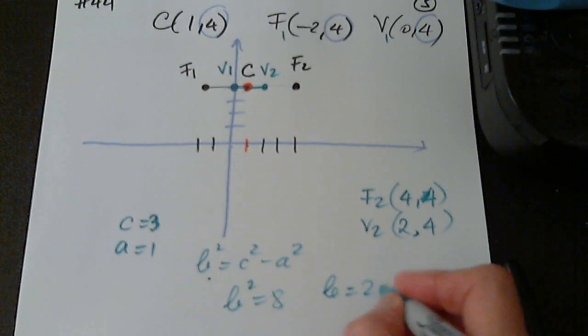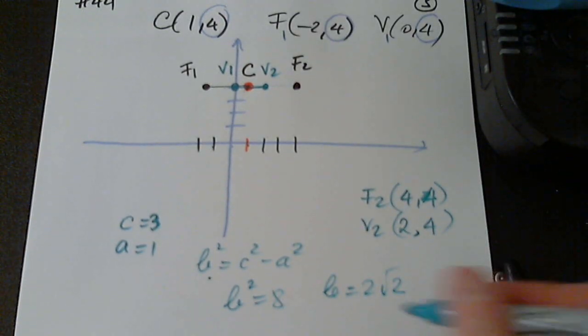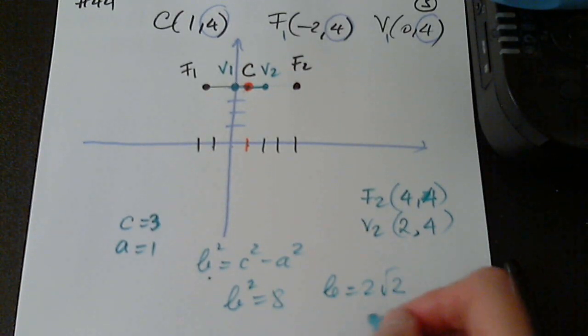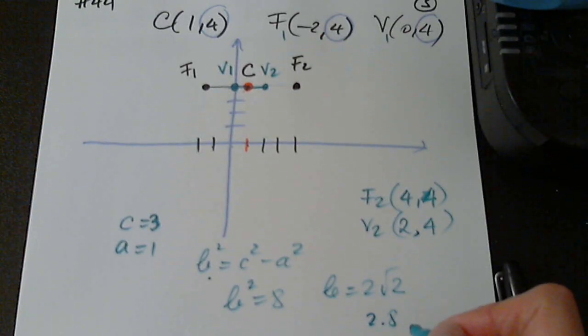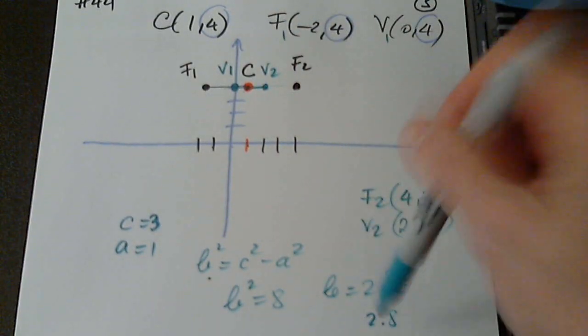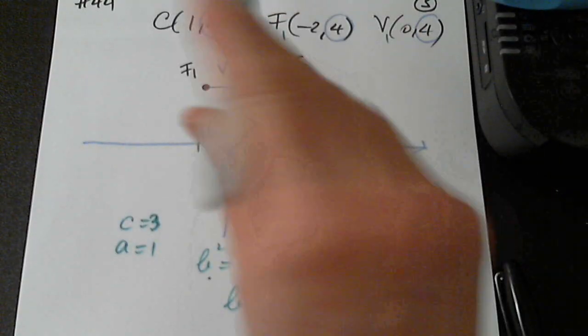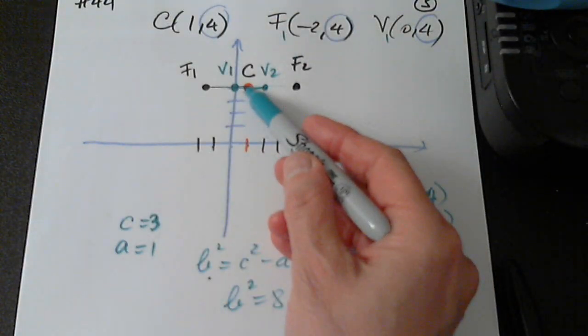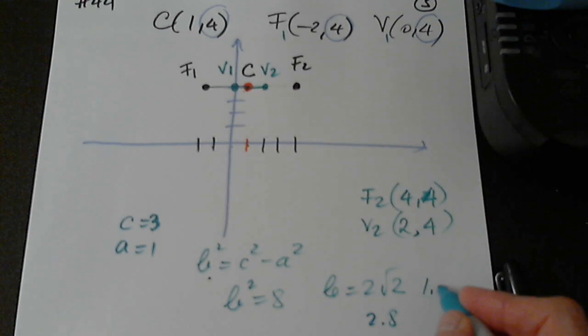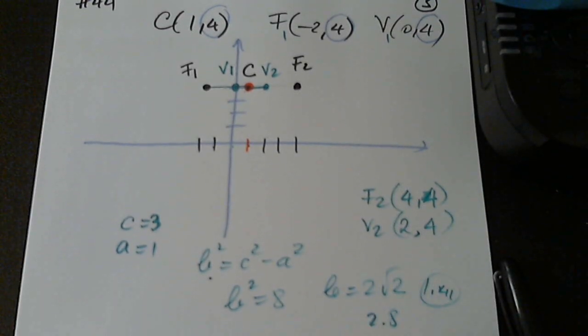So b equals 2 square root of 2, so 1.41 times 2, 2.8.